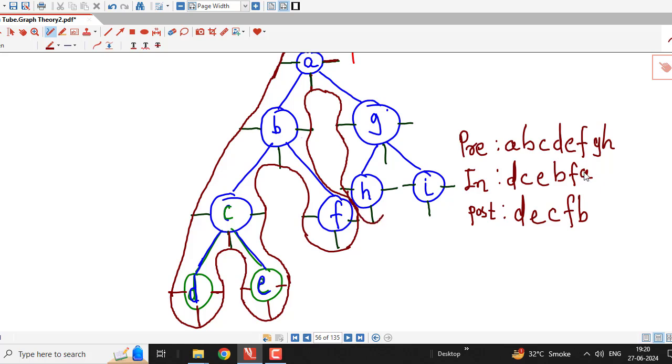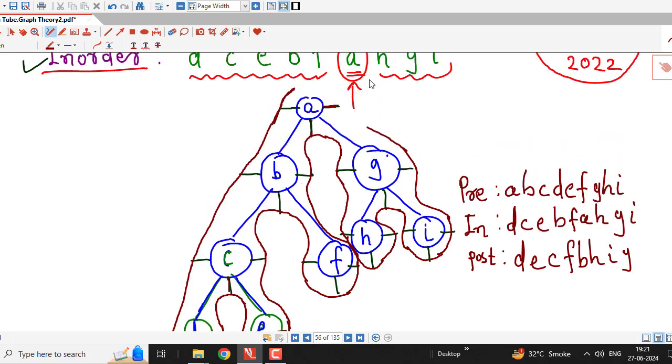Then we consider in order, that is H here, then H in post order, G in order, I in pre-order, I in order, and I in post order, and we continue in this way. G in post order, and finally A in post order, because we are touching this line.